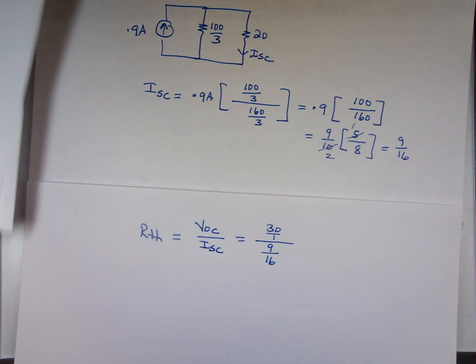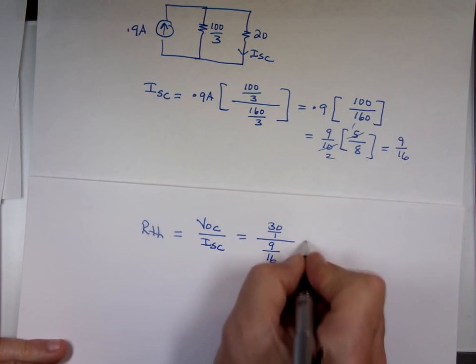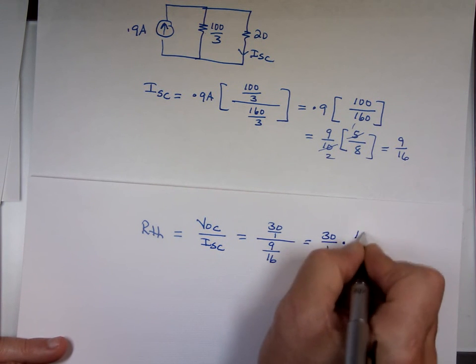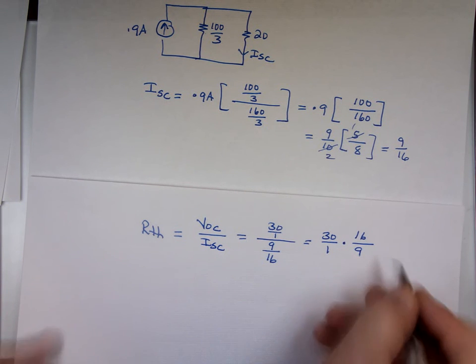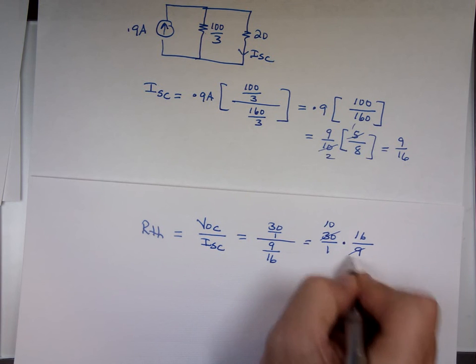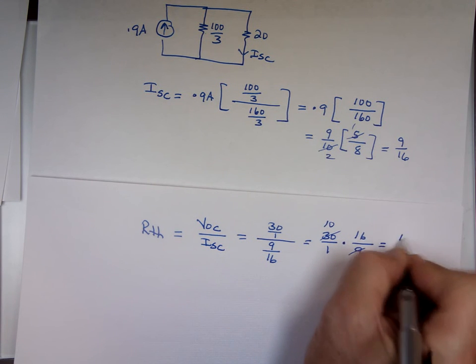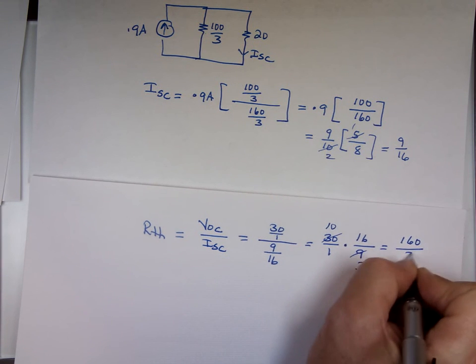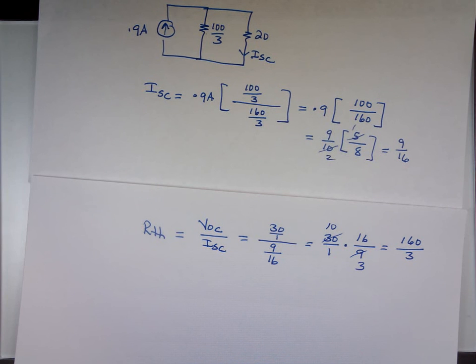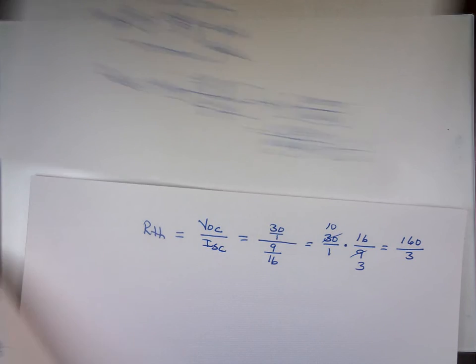You do the math. 30/1 times 16/9. Again, if you have calculators, jump on them. That's 160 divided by 3, whatever that value is. I'm a big fan of the math, so I like the math when I have to do it this way. I'm sure most people hate that.